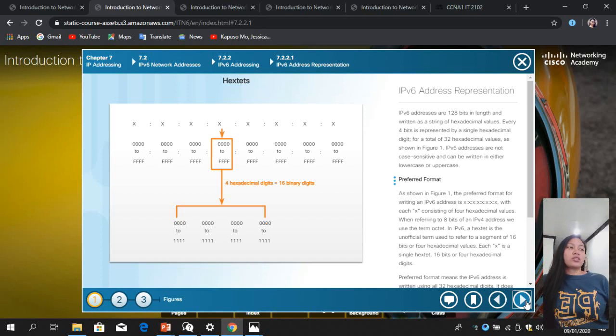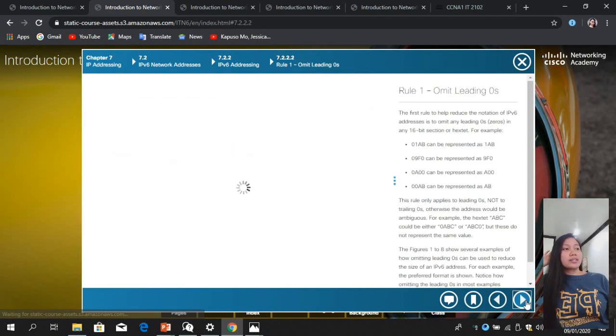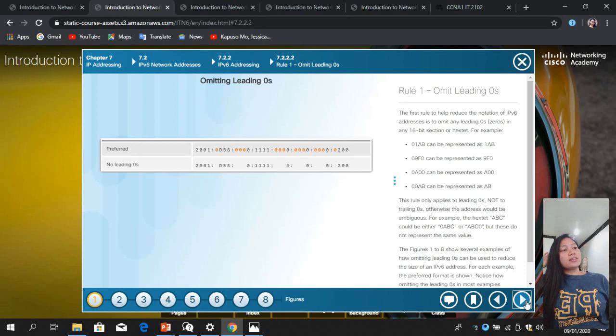IPv6 addresses are not case sensitive and can be written in either lowercase or uppercase. The first rule to help reduce the notation of IPv6 addresses is to omit any leading zeros in any 16-bit section or hextet.